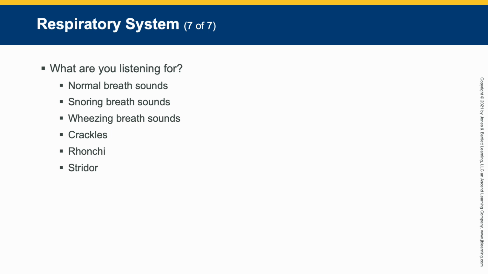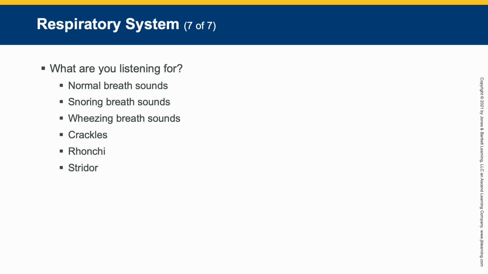Then we have crackles or rales, and that is a wet, popping sound heard during inspiration, and it's often from fluid in the alveoli. So think of congestive heart failure, pulmonary edema. Then we have rhonchi.